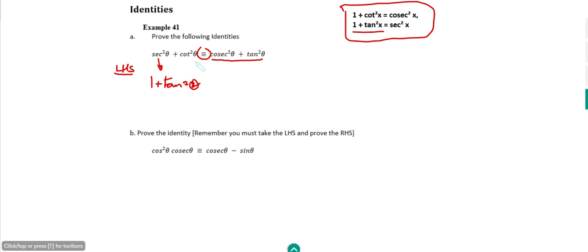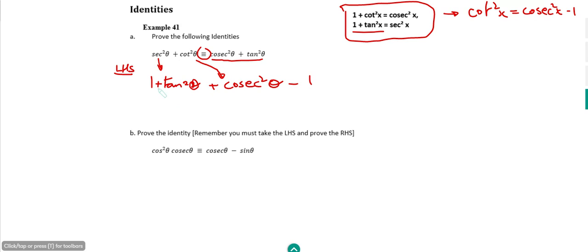And the cot squared theta, if we take this one we've got here, the first one, and we rearrange it, we'll get that cot squared x is equal to cosec squared x minus 1. So because we're working in thetas, instead of the cot, it's going to be plus cosec squared theta minus 1.